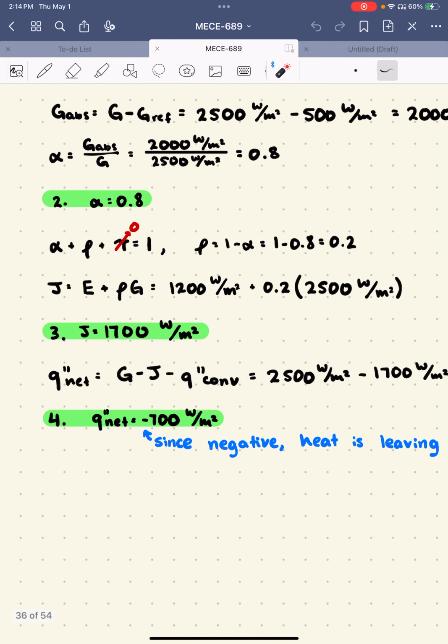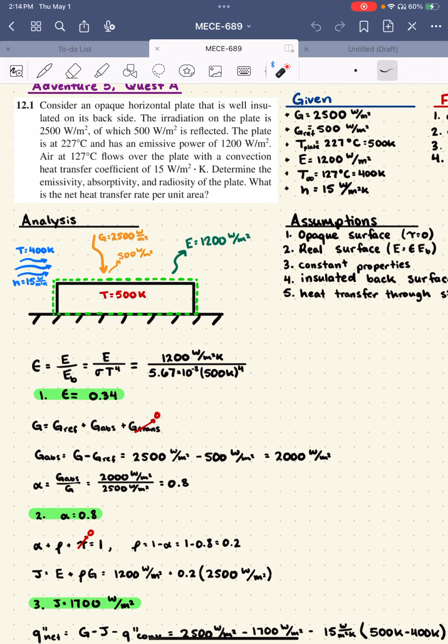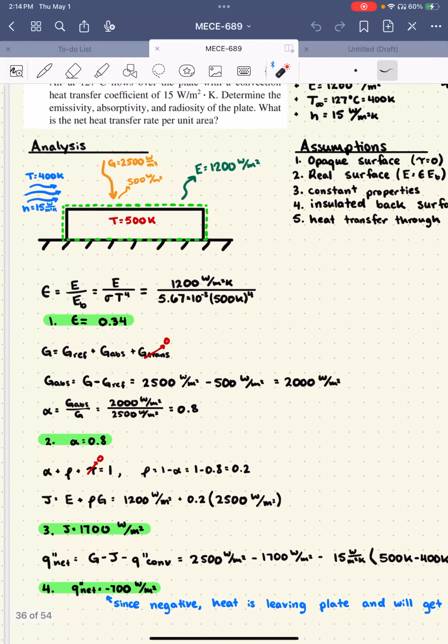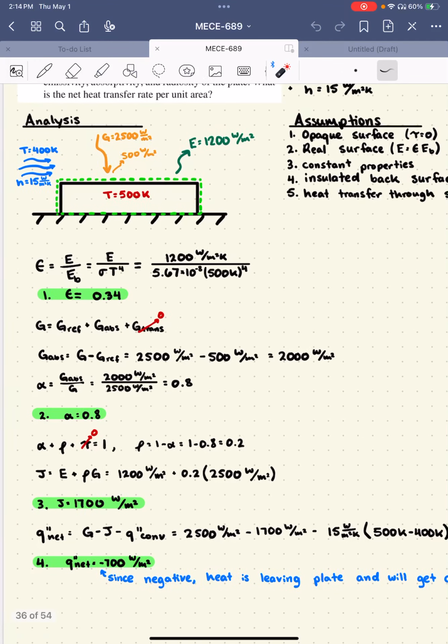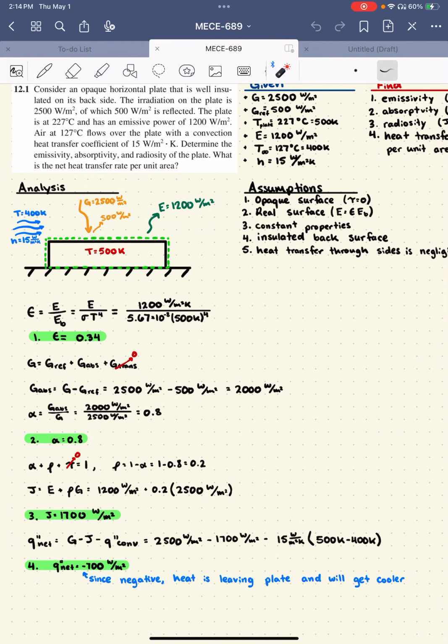Now, in order to solve for the net heat transfer rate per unit area, we're going to solve an energy balance equation where we know that the irradiation minus the radiosity minus the convective heat transfer is equal to the net heat transfer rate per unit area.